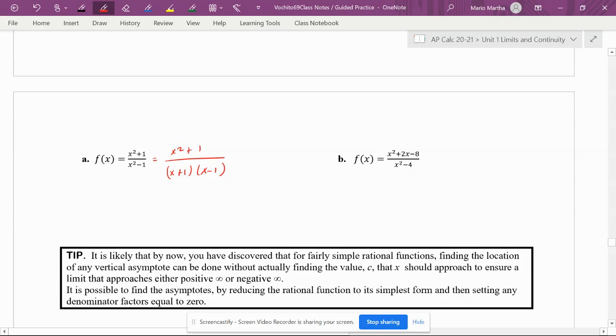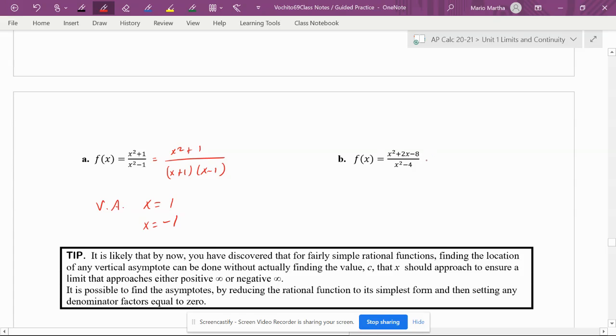So again, for sure, we know right here that if we approach 1 from either the left or the right side, we're going to be going towards infinity. So our first vertical asymptote is going to be x equals positive 1 and then x equals negative 1.